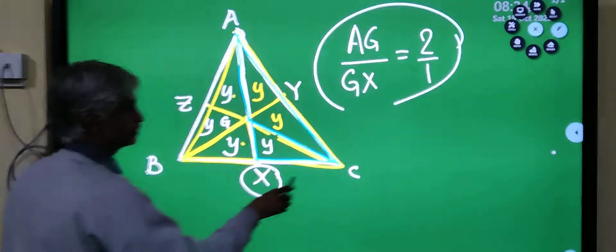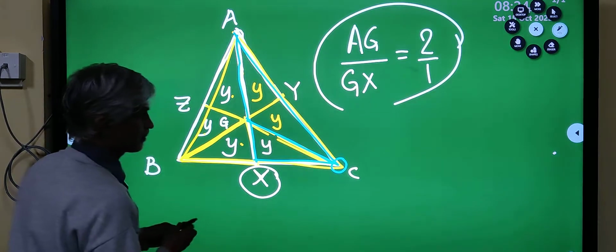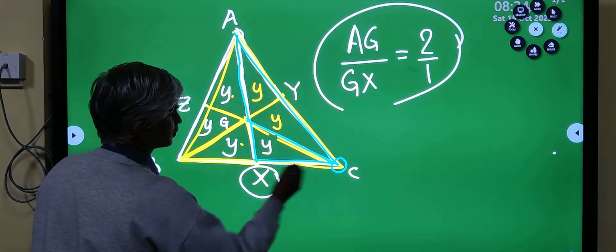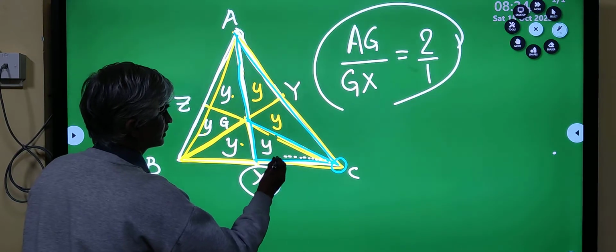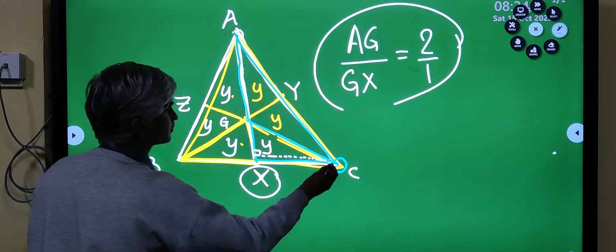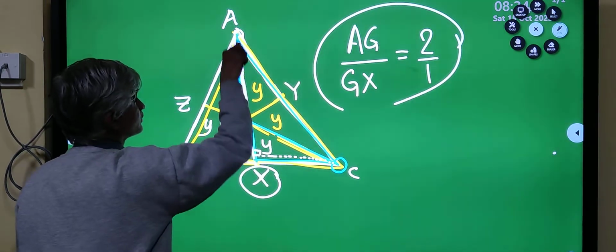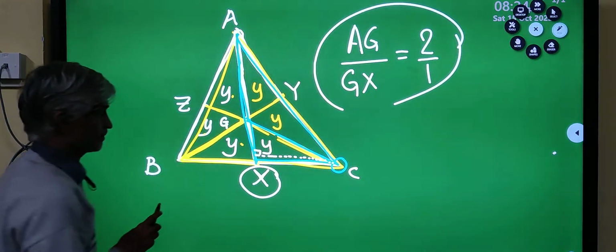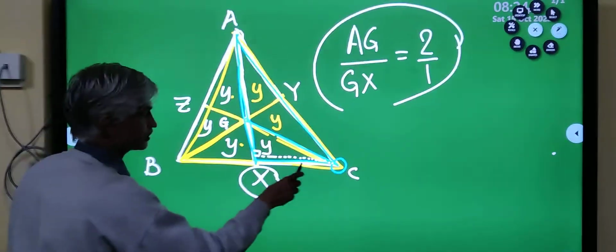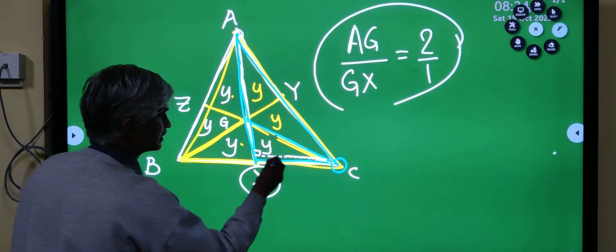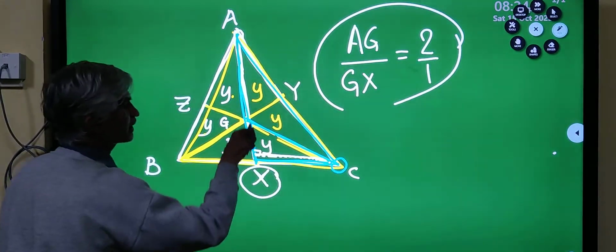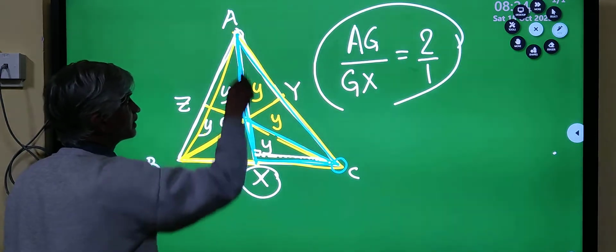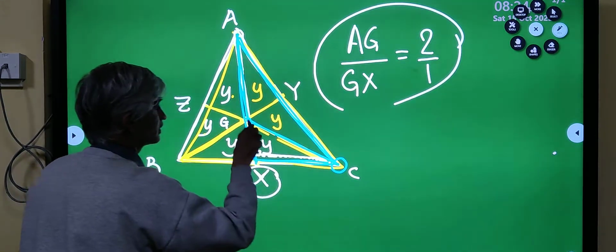Now we should choose C as the vertex from which you have to draw the height. Let's say this is the height or the perpendicular drawn from C to this base AX. Now the thing to note is that this height is common to this triangle as well as this triangle.